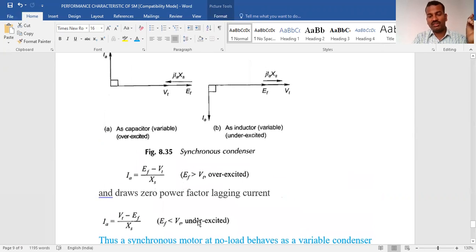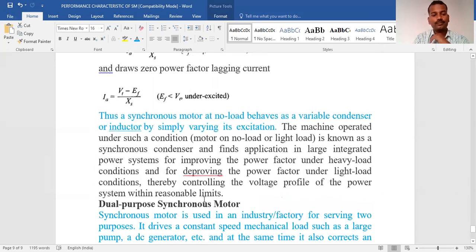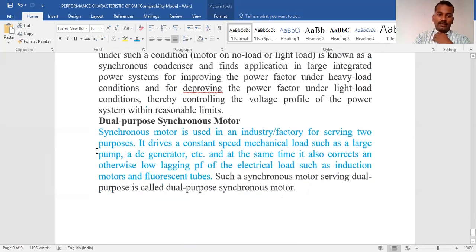You can see from this equation and the previous graph. And hence, there is a dual purpose of the synchronous motor. It drives the mechanical load as well as improves the power factor of the load.